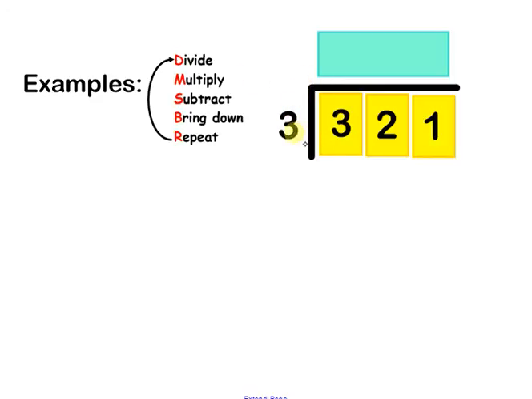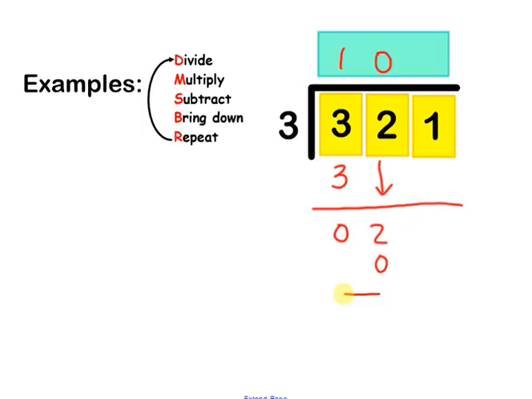321 divided by 3. So how many times does 3 go into 3? Once. So 1 times 3 is 3. Subtract, 0. Bring down the 2. 3 goes into 2 how many times? 0. Make sure you put that 0 up there. Don't just bring down the 1 and move on.